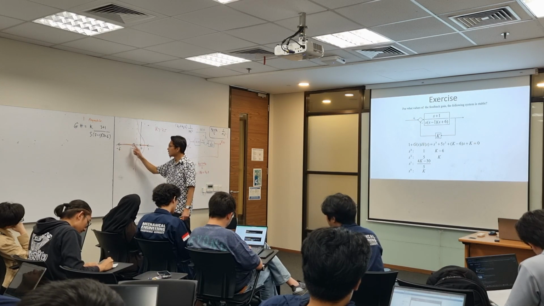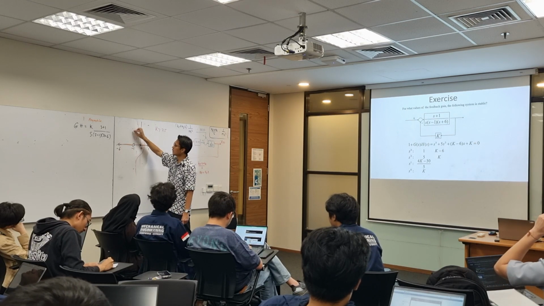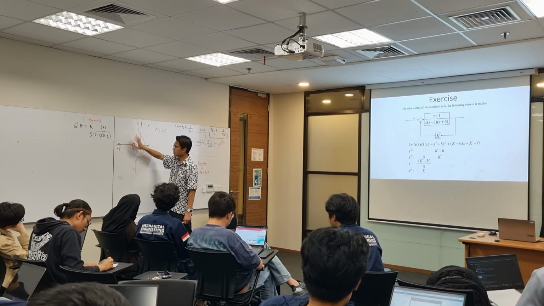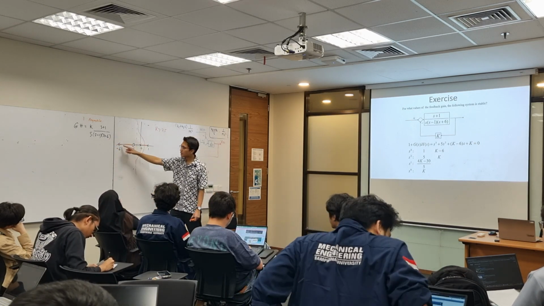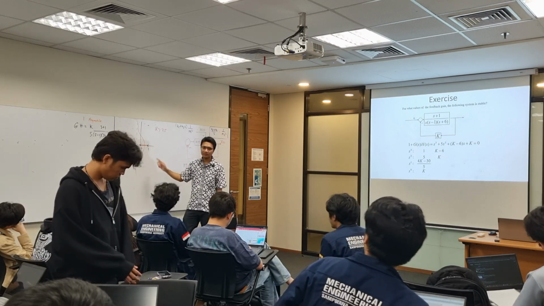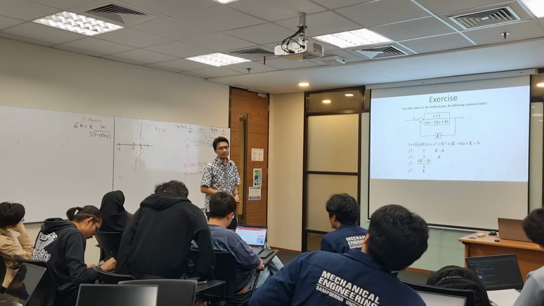For marking the poles and zeros on the real axis on the complex plane, we use the open loop transfer function just to mark these points, but they are not the location of the closed loop poles.